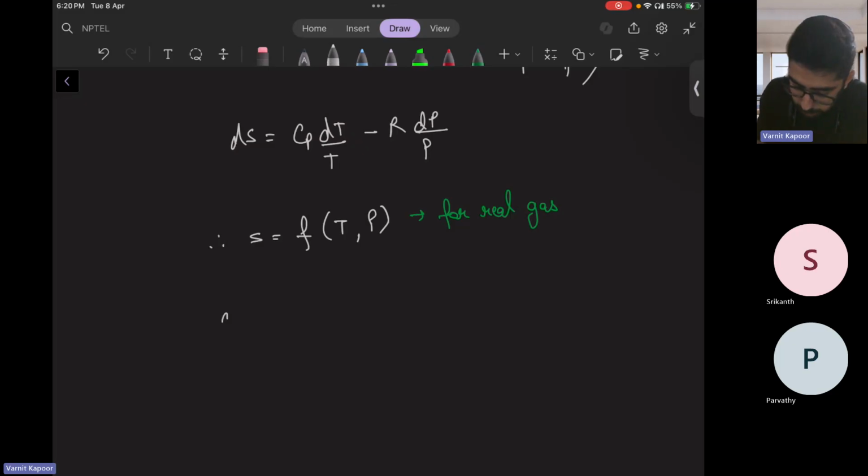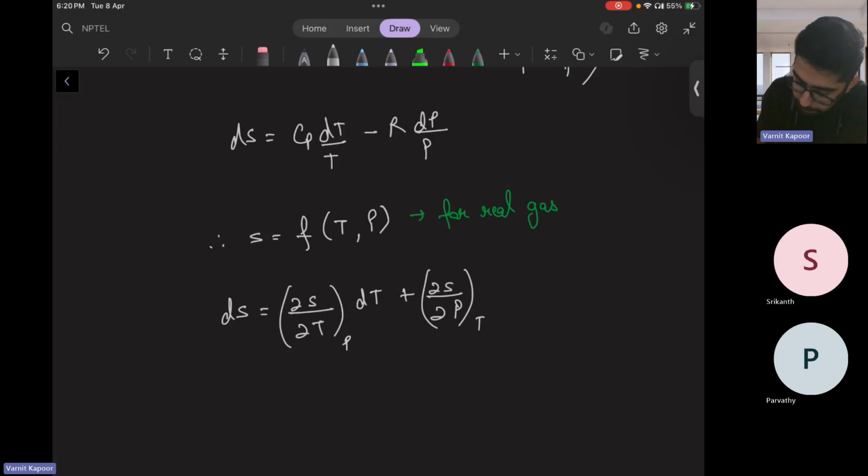So again, by the chain rule, you can write the differential dS as dou S by dou T at constant pressure dT plus dou S by dou P at constant temperature dP. Okay.